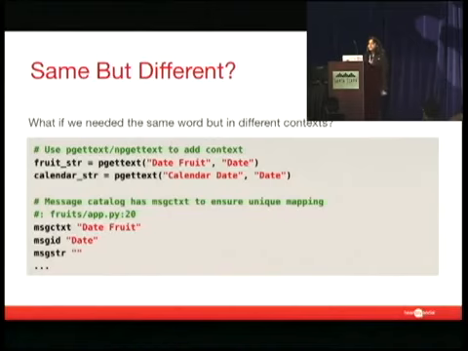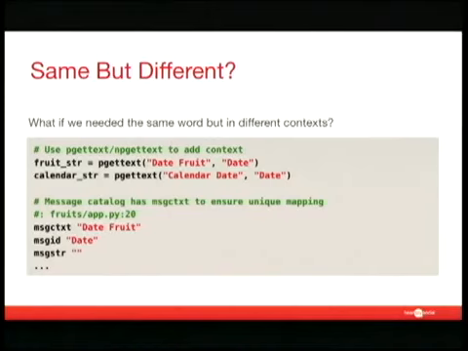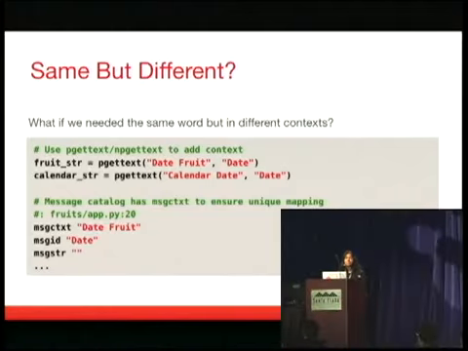But say, for instance, I needed to show date in two different contexts in my application. So I have a date fruit, and I have a calendar date. And I want both the strings to show up in my application, but in different contexts. So here's where the pgettext call comes really handy.